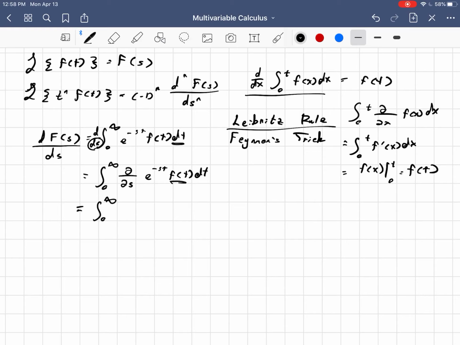And so now we can make this the integral from 0 to infinity of, and now the f of t dt, that's a constant with respect to s. So we get, putting the negative out front, negative t e to the negative st times f of t dt.